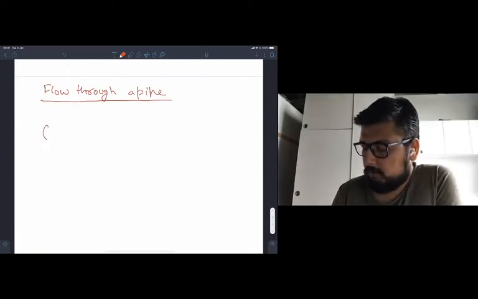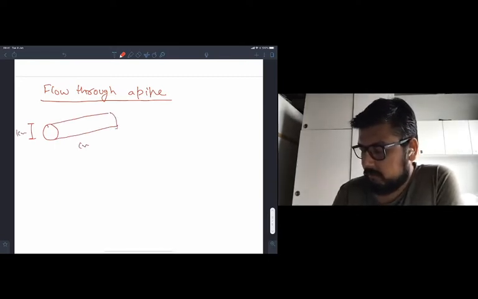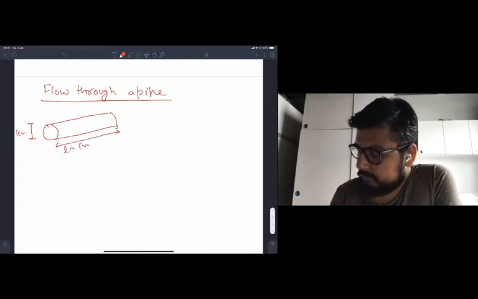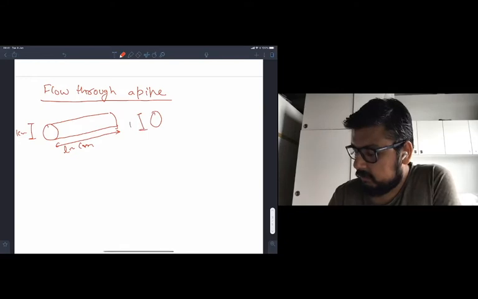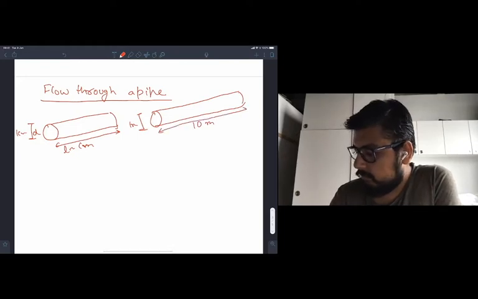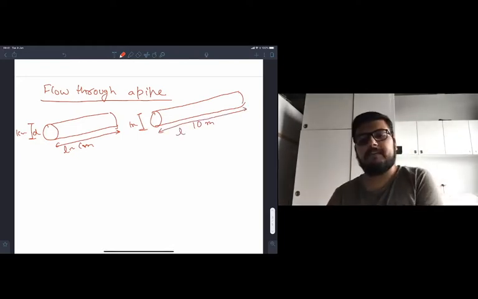For example, there could be a pipe which is 1 centimeter in diameter and is a few centimeters long. There could be another pipe which is a few meters, let's say 1 meter in diameter. So this is the diameter D, and it could be tens of meters long. So we can have pipes of different dimensions.